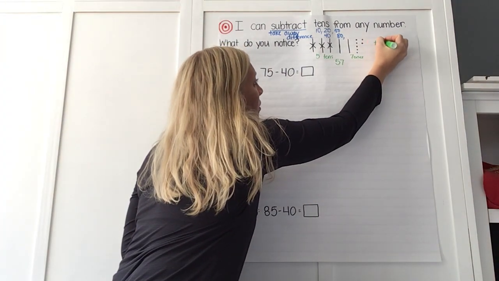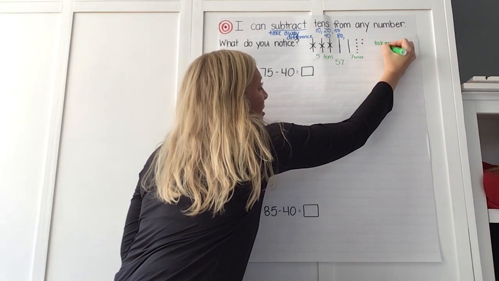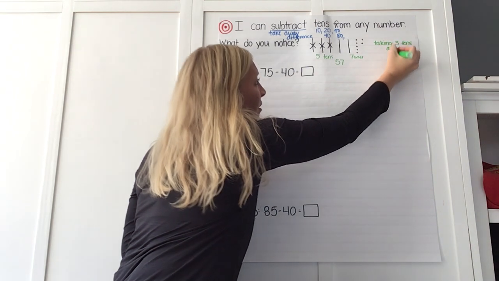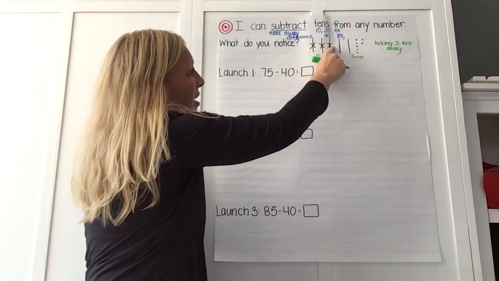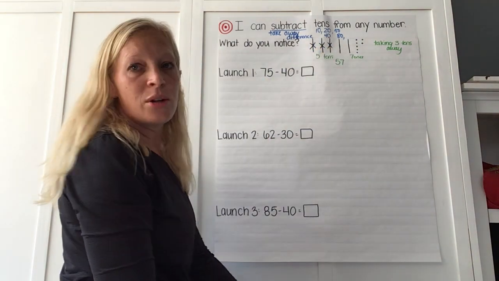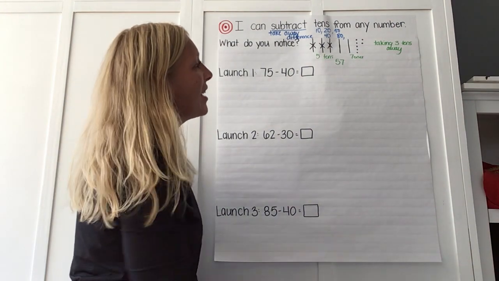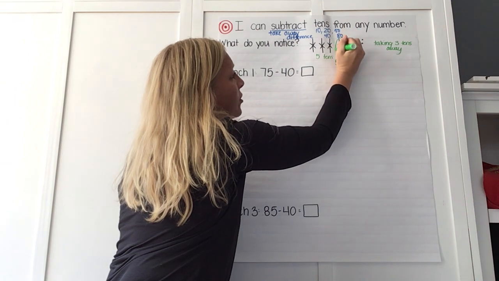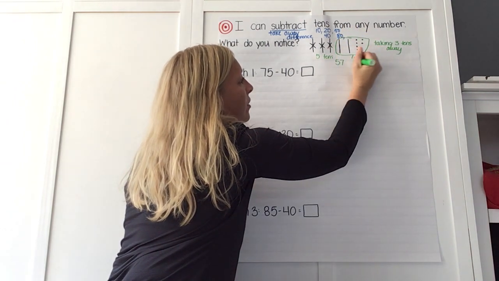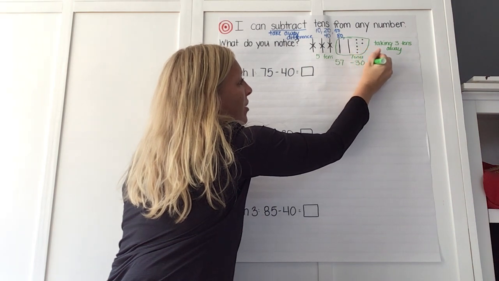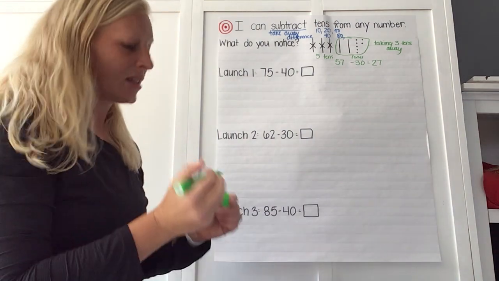Ooh. And how do you know we're taking 3 tens away? Yes, we cross them off. 10, 20, 30. What do you notice? What do we have left? Yes, we have 2 tens. We took away those 3 tens, and we have 2 tens and 7 ones left.